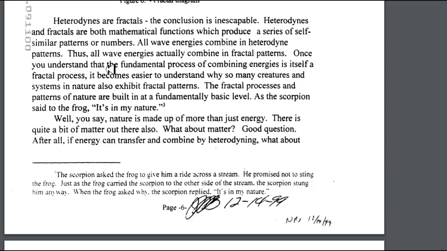Once you understand that the fundamental process of combining energies is itself a fractal process, it becomes easier to understand why so many creatures and systems in nature also exhibit fractal patterns. The fractal process and the patterns of nature are built in at a fundamentally basic level. As the scorpion said to the frog, "It's in my nature."